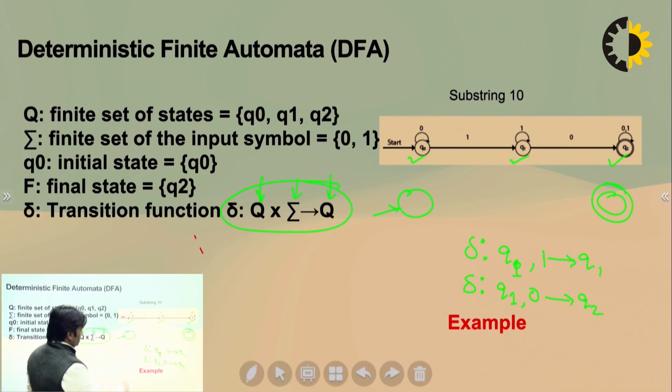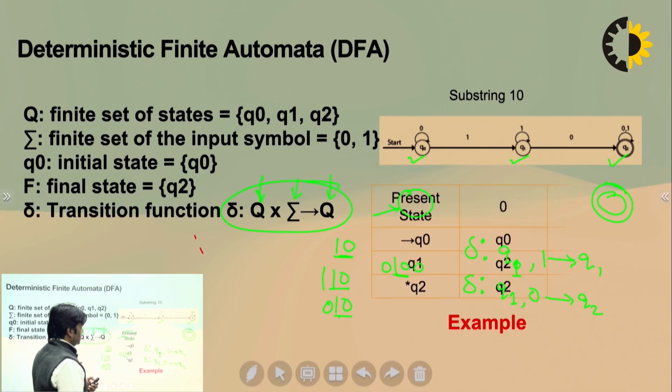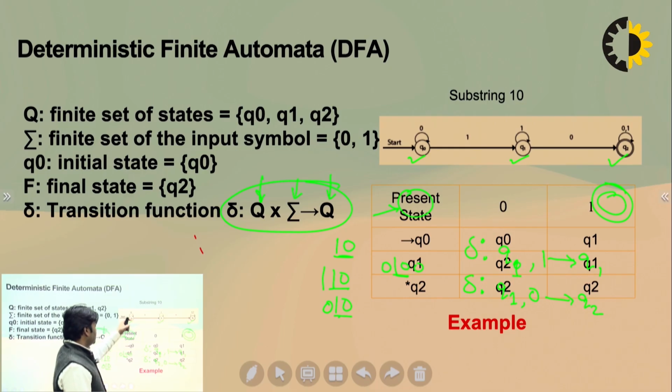Strings such as 10, 110, 010, 0100 are accepted, meaning 10 as a substring should be there in the strings we get. So this is the transition diagram.